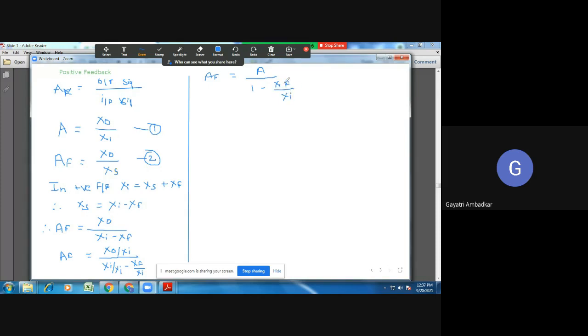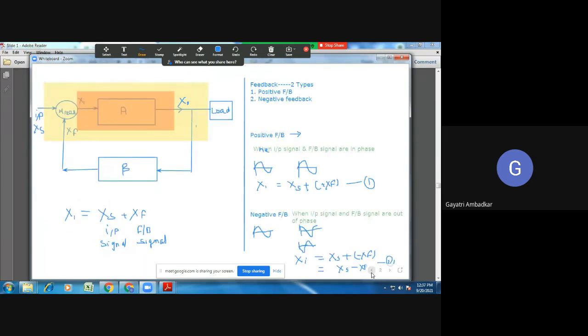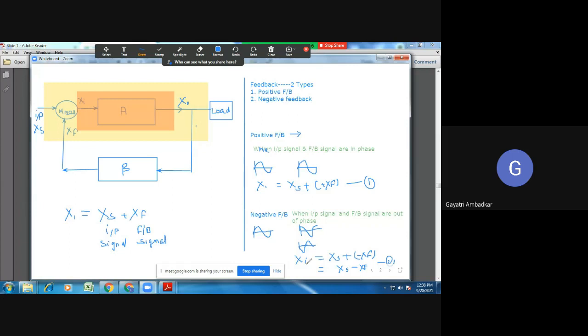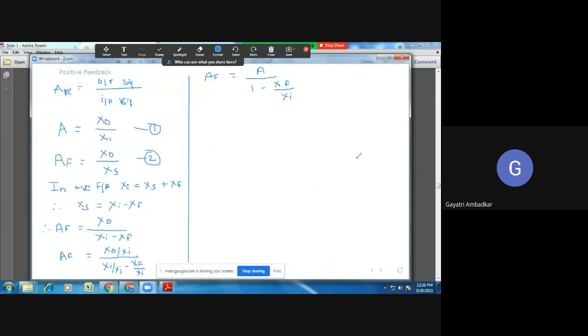Now what is XF? It is the feedback signal. I define the feedback factor beta as the output of the feedback network divided by the input of the feedback network.